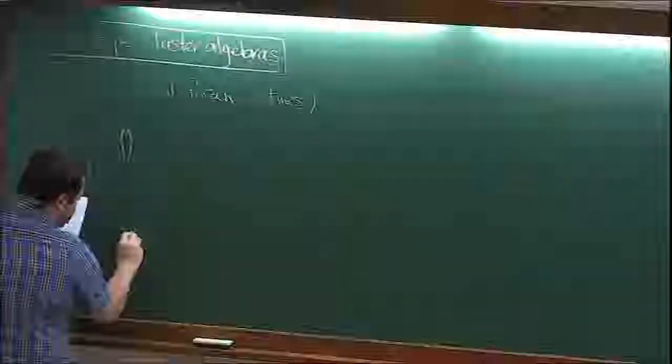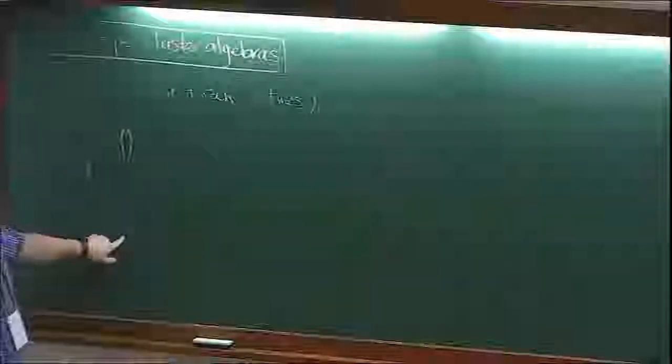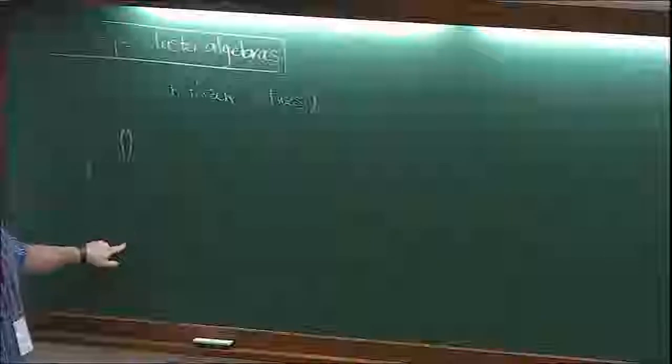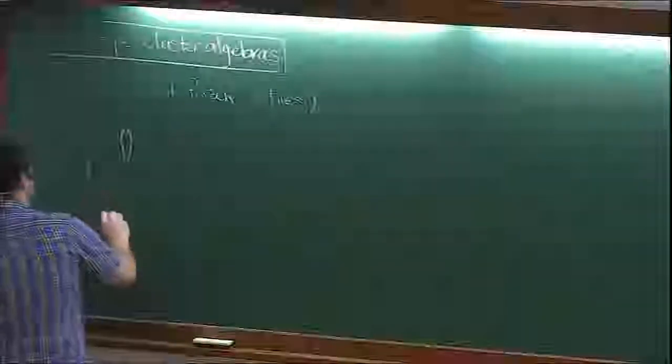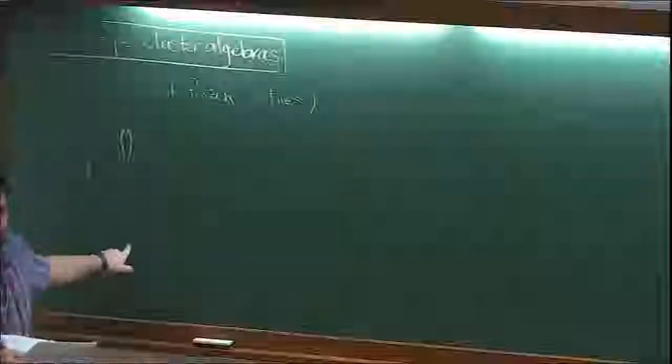I meant for this one to be frozen. Maybe I wrote a circle, or maybe it was hard to see, but this is meant to be a square. So just numbering the vertices.